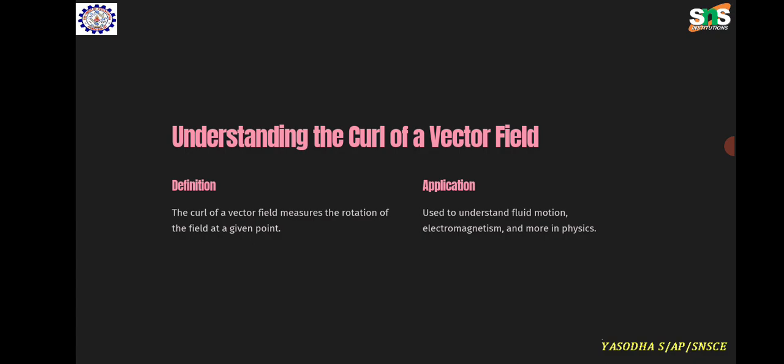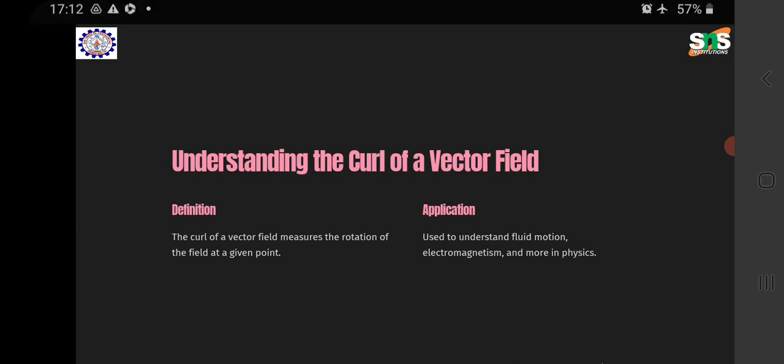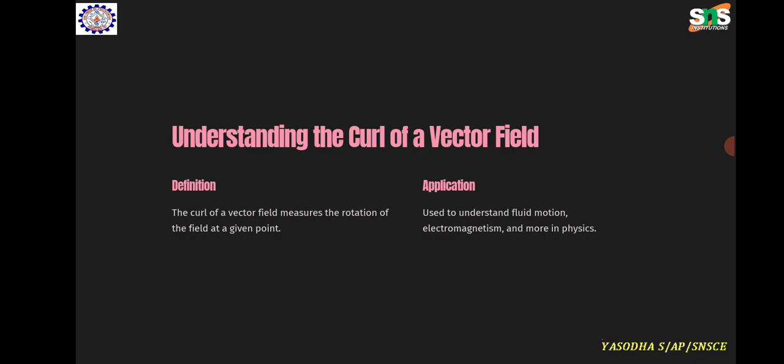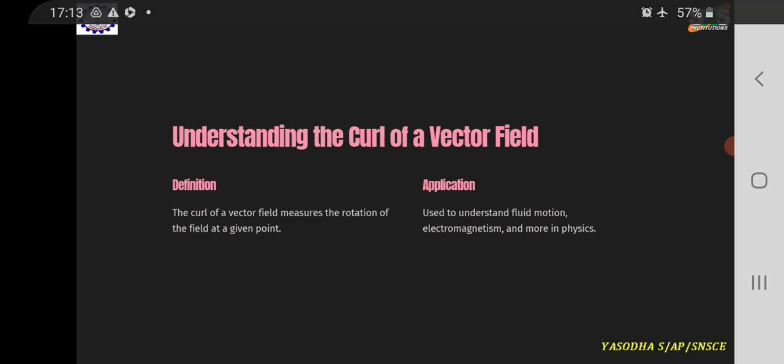The curl of a vector field at point P measures the tendency of particles at P to rotate about the axis that points in the direction of the curl at P. So, the curl of a vector field measures the rotation of the field at a given point. So, we are using it in fluid motion, electromagnetism and more physics.